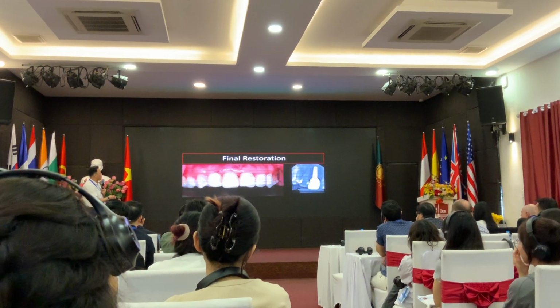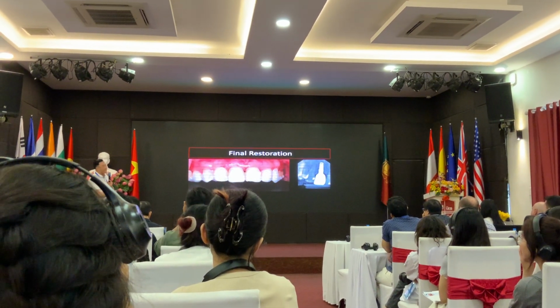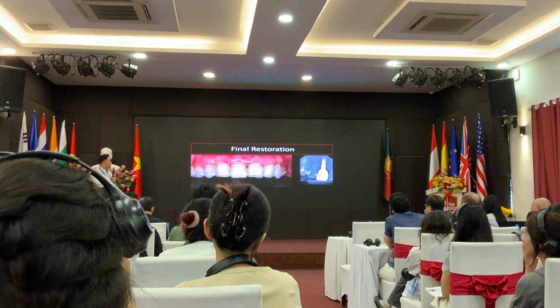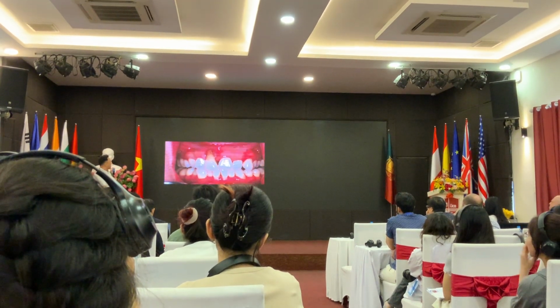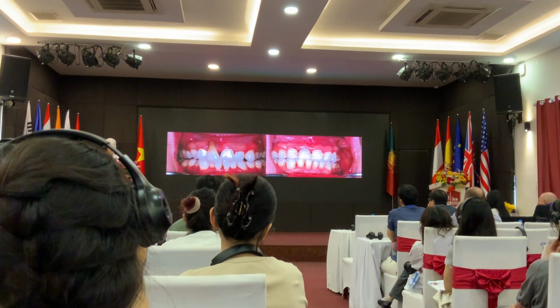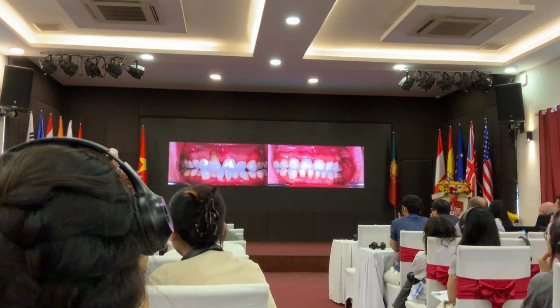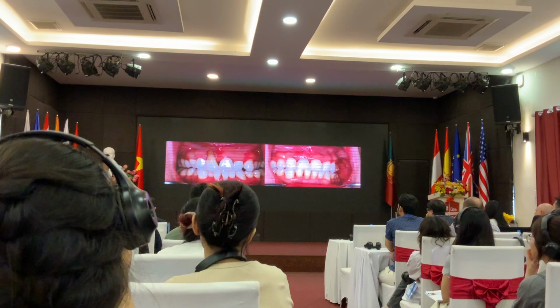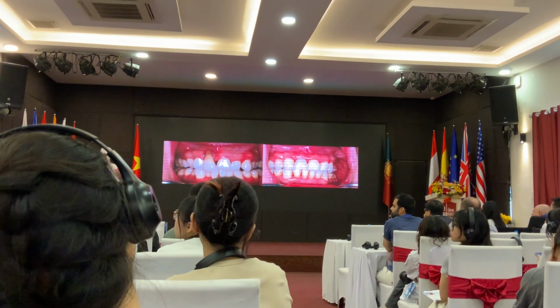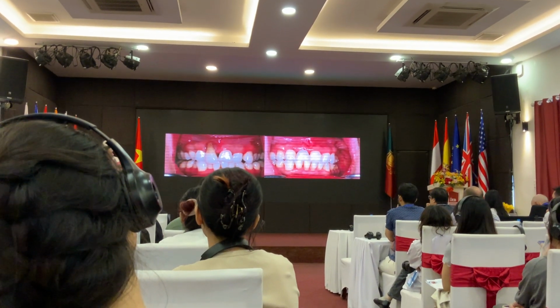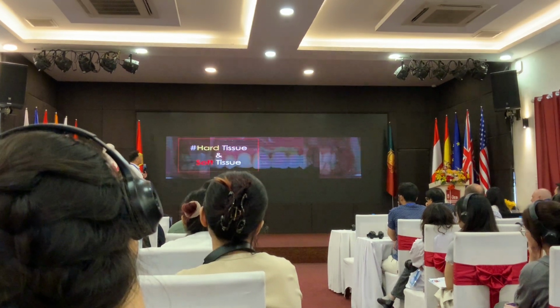But look at the tissue. Look at how we're able to utilize the temporary to help shape and sculpt the outline of the final restoration. That's what we started with. Then the final restoration. And then she's going to do some veneers, and we're going to replace that temporary provisional. But look at the improvement of tissue that we're able to gain. In this case, combining both the hard and soft tissue.